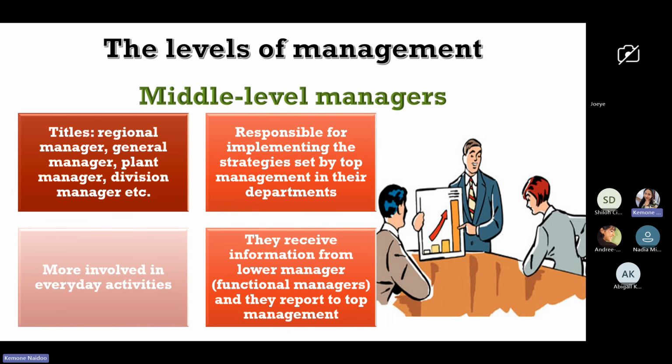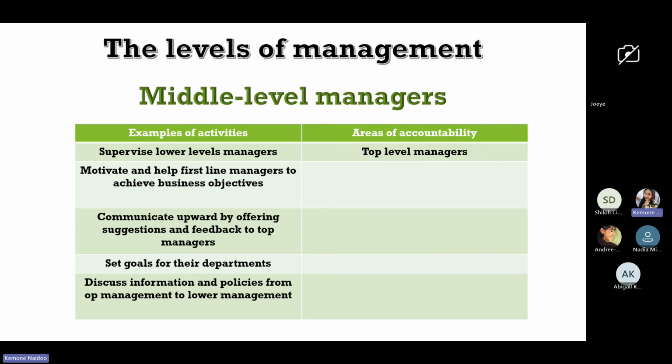Okay, so they are responsible for implementing strategies that are set by our top level management. So they will take these strategies and they will break them down into smaller goals, goals that are easier for the employees within those departments to understand and achieve, and also to do it at an appropriate pace as well.